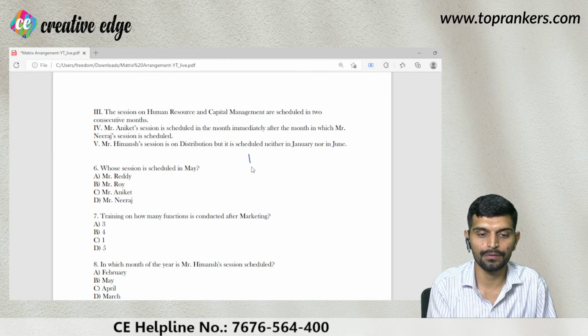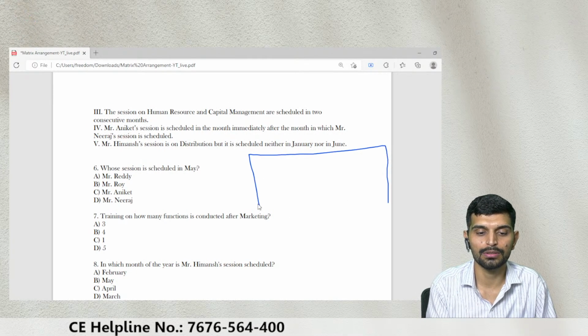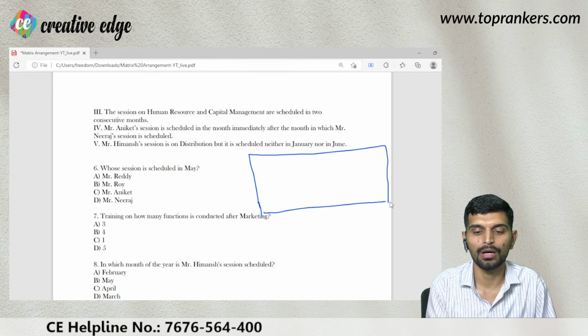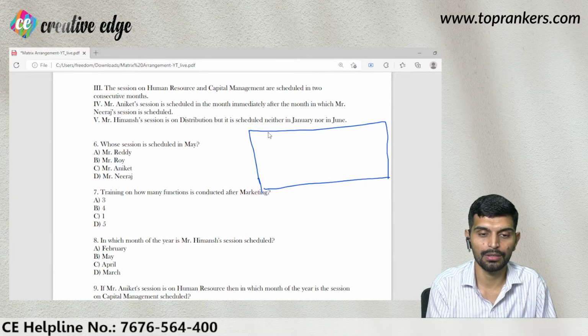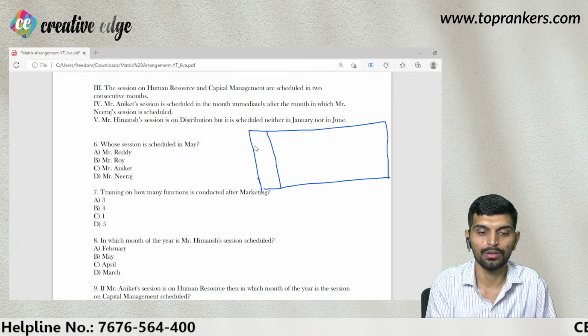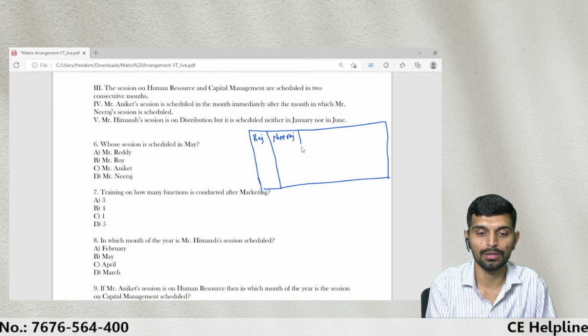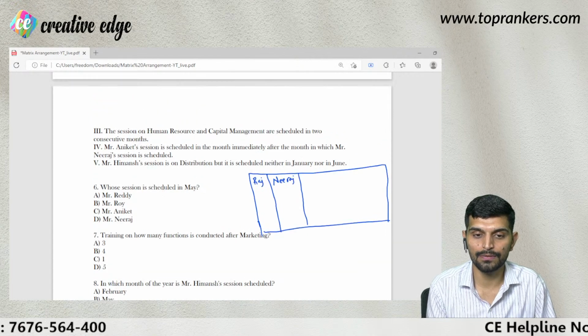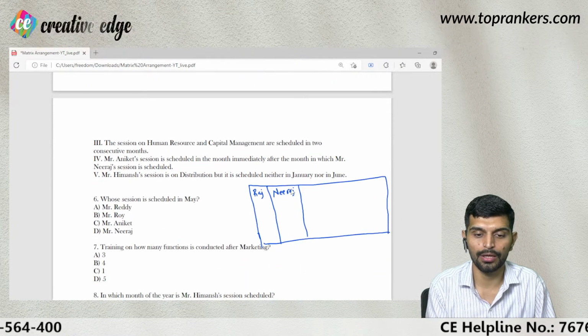We have three parameters and we have six trainers, right? So the trainers are Raj, Neeraj, Himansh, Aniket, Reddy, Roy.